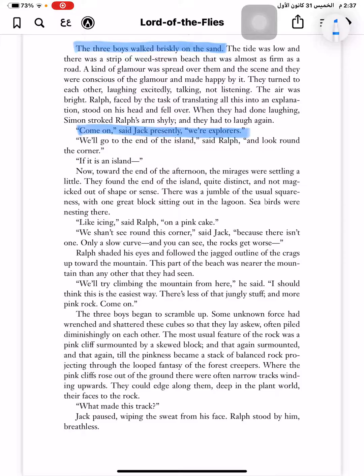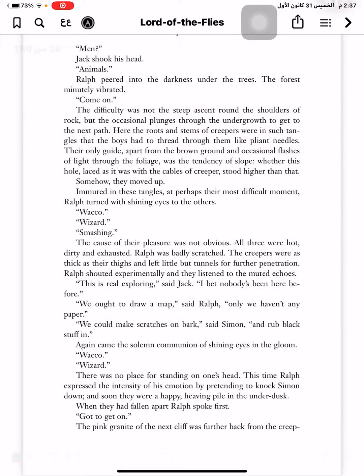Simon, from the beginning, shows how thoughtful he is when he proposes an idea of not being lost inside the jungle when they want to get back after going away. He said this: "We could make scratches on bark, and rub black stuff in." So remember, the way the characters are talking and the content of their talk shows us the type of personality they have.